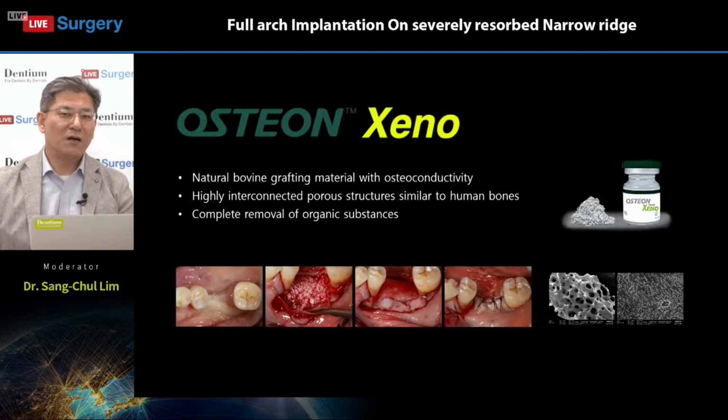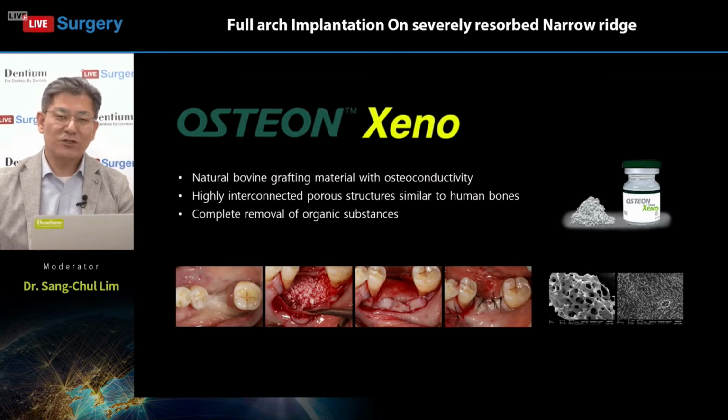A brief introduction to Osteon Xeno: it is a natural bovine bone grafting material with osteoconductivity, right? So we can expect osteoconductivity by using xenograft.